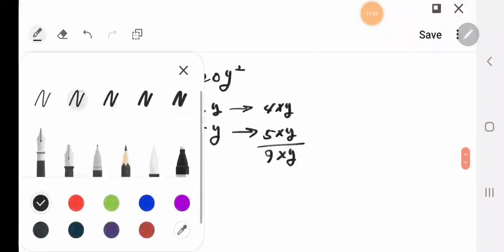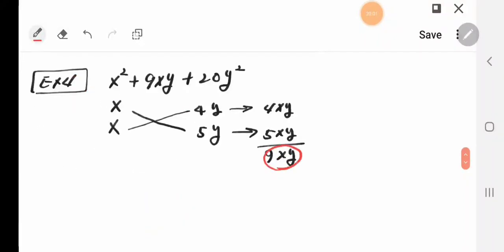Since the sum 9xy is the same as the middle term, we found the match. So this is the product of x plus the first line and the binomial, which is the second line. Done.